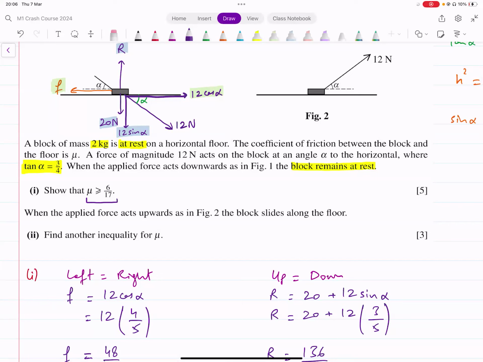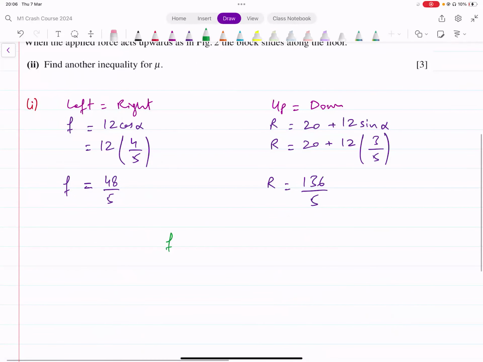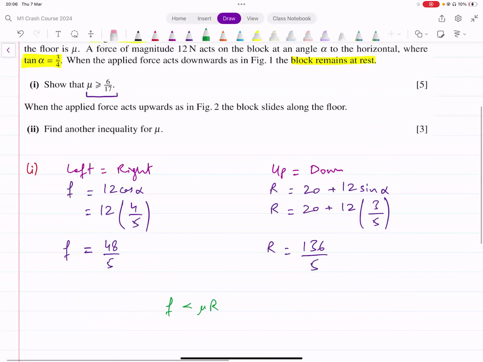And even if we were to, we will expect it to be a non-limiting equilibrium. If it's non-limiting equilibrium, then we have F less than mu R. Is that what we do? And less than or equal to. So that means it could either be non-limiting or limiting. We are not sure, right?